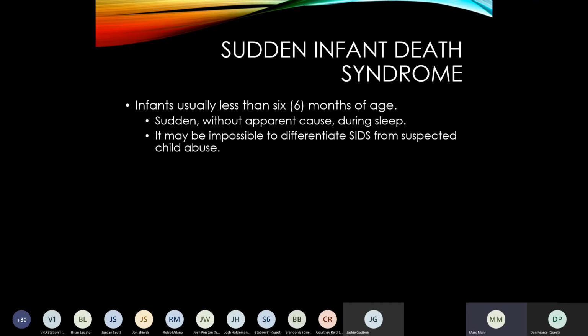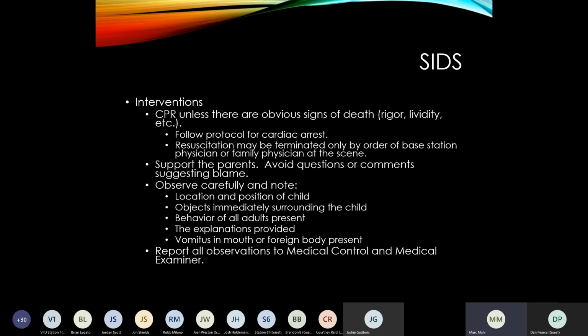SIDS: these are young kids, less than 6 months. It's sudden, may appear without cause, and happens during sleep. It's oftentimes impossible to differentiate SIDS from suspected child abuse. Interventions, things you can do in these cases: if you are called, hopefully quickly, when the cardiac arrest happens, start CPR unless there are obvious signs of death, rigor, or lividity.